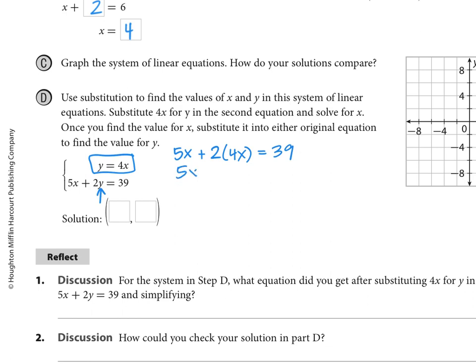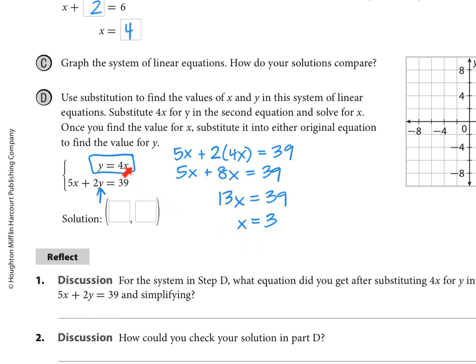Then we just go through and we solve it. So 2 times 4x will give us 8x. Then we combine like terms, just go through and solve it. x is 3. Now that we know the value of x, we use that to figure out what y is.